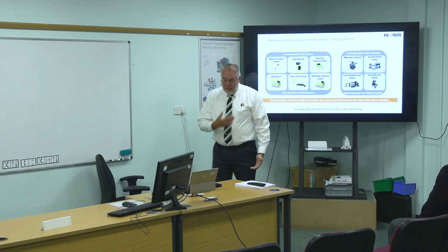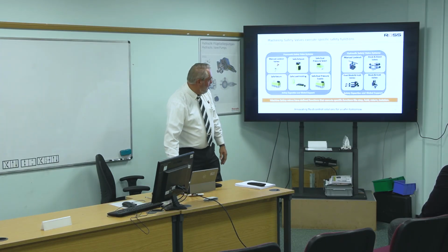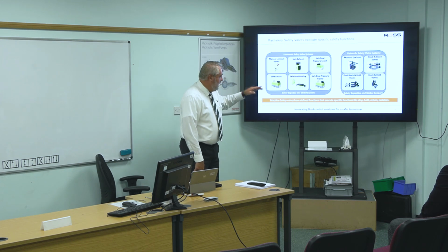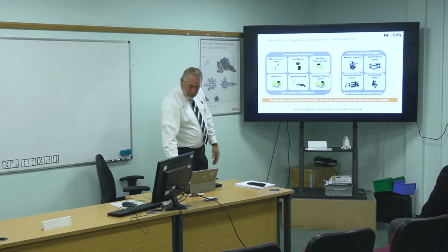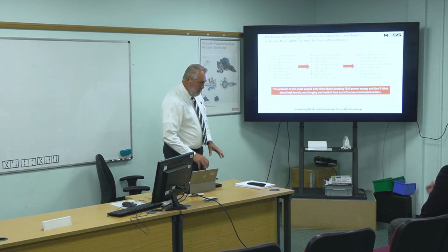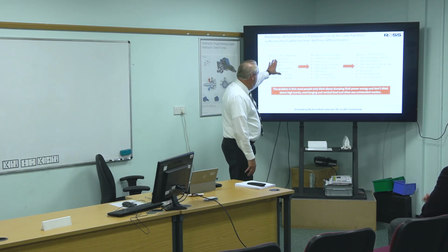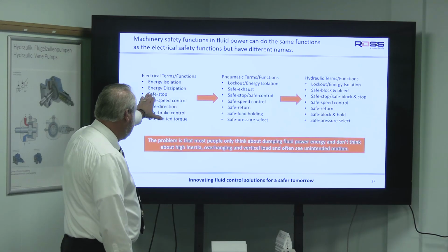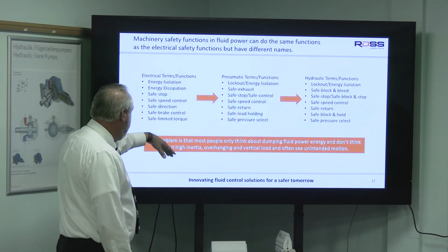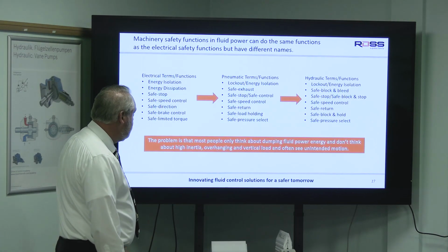So this is stuff that can be done in the machine safety world, but machine safety valves have defined functions that execute specific things like stopping, holding, returning, whatever. You start getting in and looking at the terms that are used in the industry. Everybody knows the electrical terms like safe stopping, energy dissipation, safe speed control, safe direction.